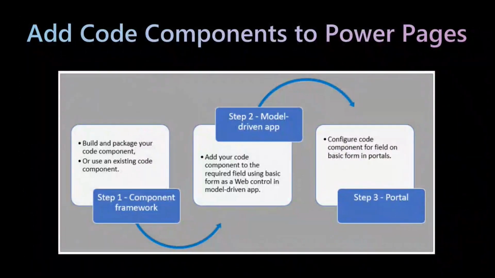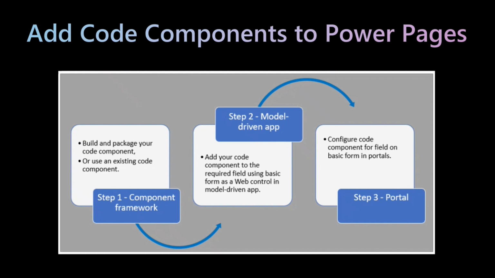Now, if you have to add the components to the Power Pages, there are basically three steps. First, you have to create your component framework. As I discussed in my previous slide, you have to build it, package it, and import it in your Dataverse. Then you have to use those components on your model-driven app. Okay.